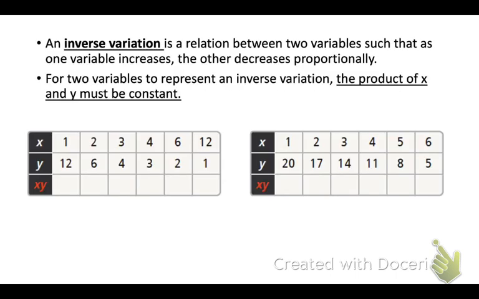An inverse variation is a relation between two variables such that as one variable increases, the other variable decreases proportionally. Another thing is we are learning to take notes. That doesn't mean you write every word on the screen. You paraphrase, correct?